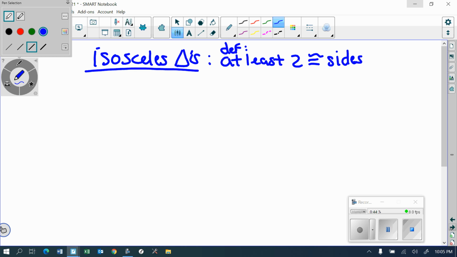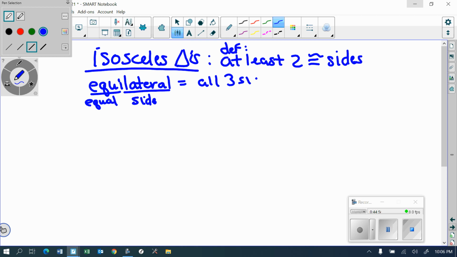So what's the triangle that has 3 congruent sides called? Equilateral. Equa means equal, and lateral means side, if you didn't know. So equilateral, all 3 sides are congruent. Okay?